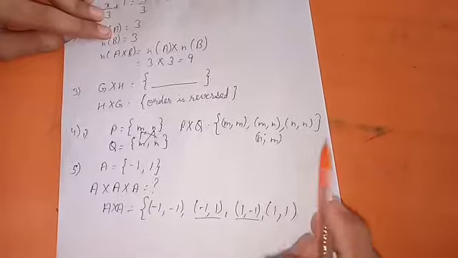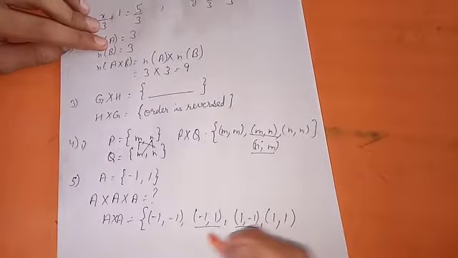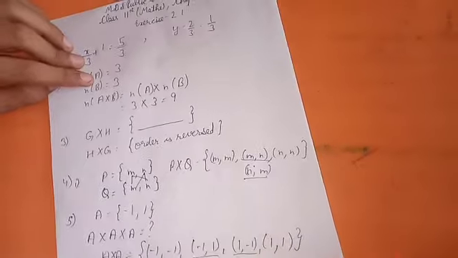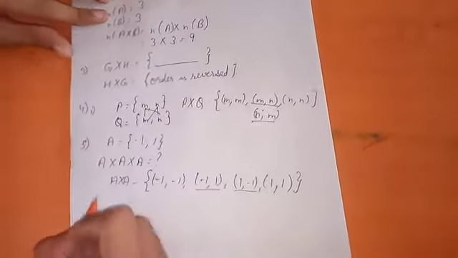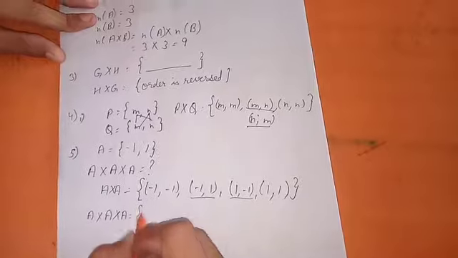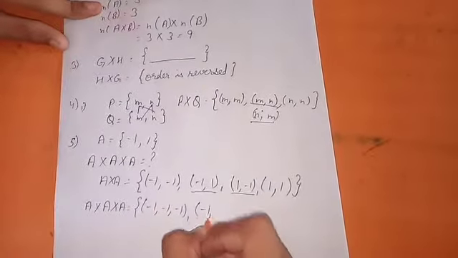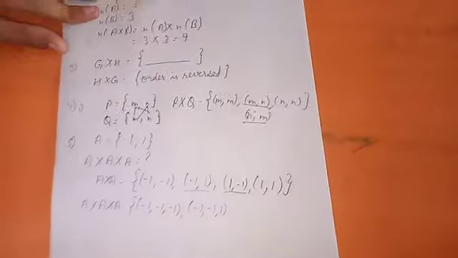Because in an ordered pair, the order matters. So we have written 4 here. Now it is our set. Now we find the triplet. That will be -1 -1 -1, -1 -1 1.